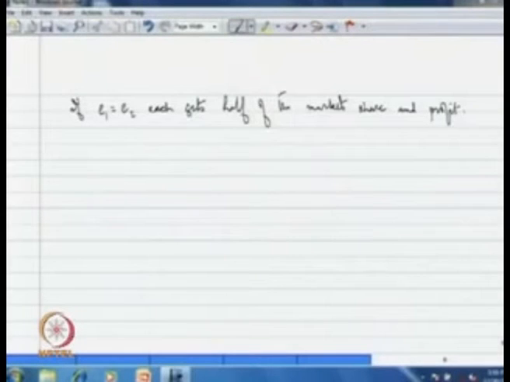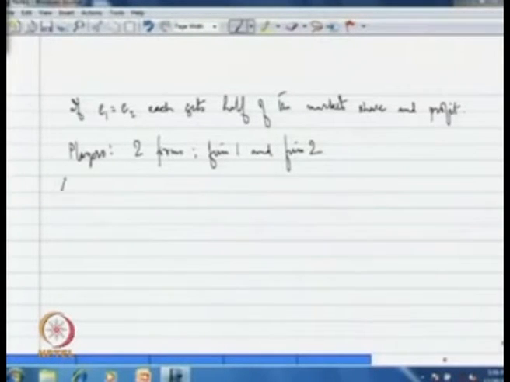So, we have to model this situation as a game, strategic game. So, who are the players here? The players are the two firms, firm 1 and firm 2. Okay. Actions. What are the actions that they choose?